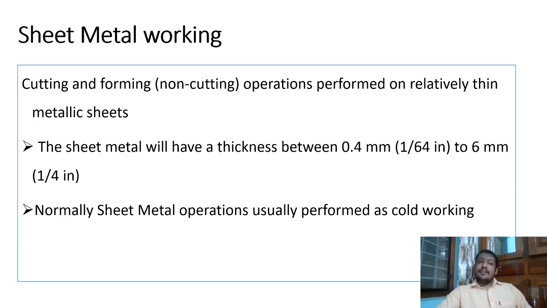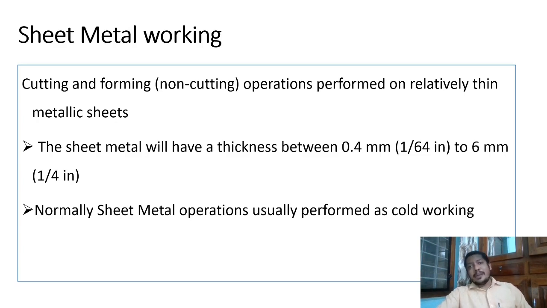So far we were discussing the metal forming operations which are performed under hot working as well as cold working operations. Metal forming operations are basically divided into two categories. One is called bulk deformation process and the next is called sheet metal operations.